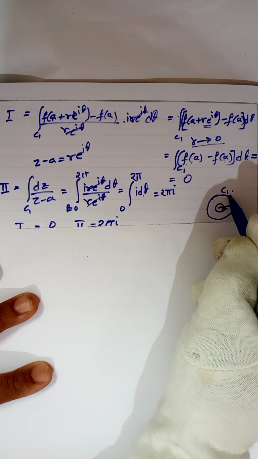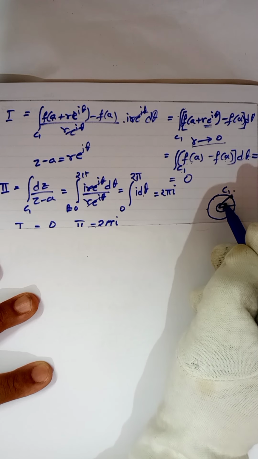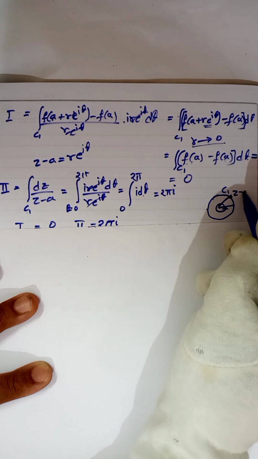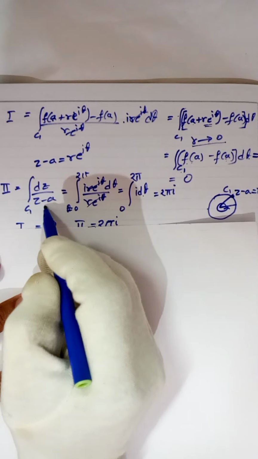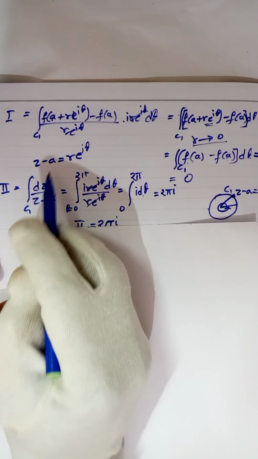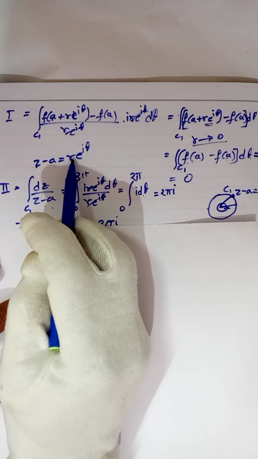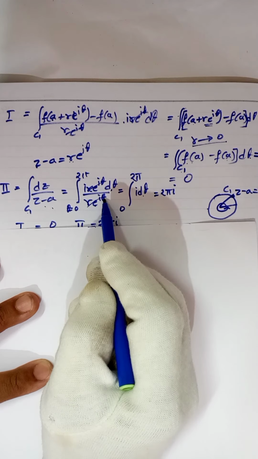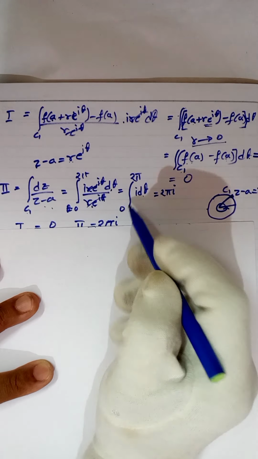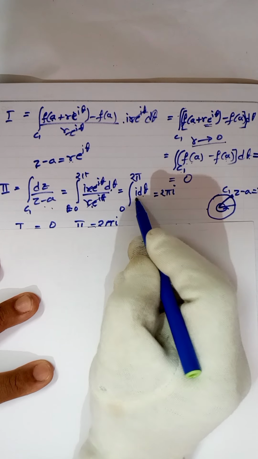The point z minus a, with a as the center, is equal to r e to the power i theta. Substitute over here, we would get dz is equal to r i e to the power i theta upon r e to the power i theta. These terms can cancel out and finally we would get i d theta.